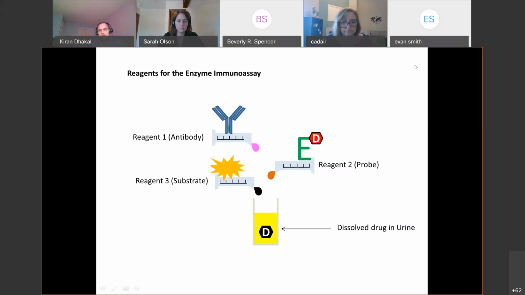And the second reagent, we need a probe, which is most of the time an enzyme, which is labeled with the drug itself. And as we saw in the previous slide, we need a substrate for that enzyme. And then we mix all together in a test tube and then put on the analyzer and read the final measurement.